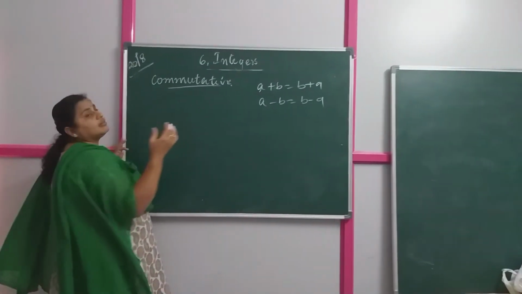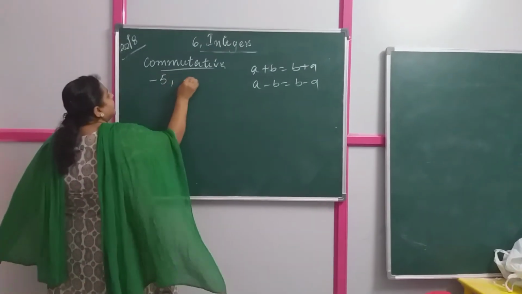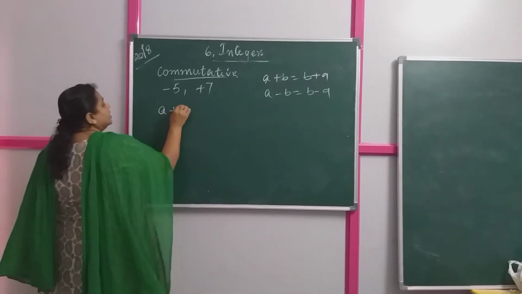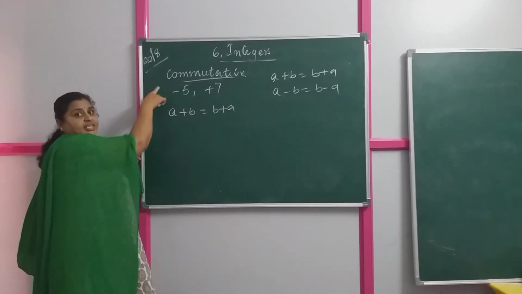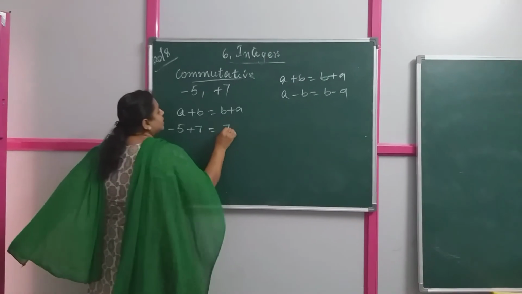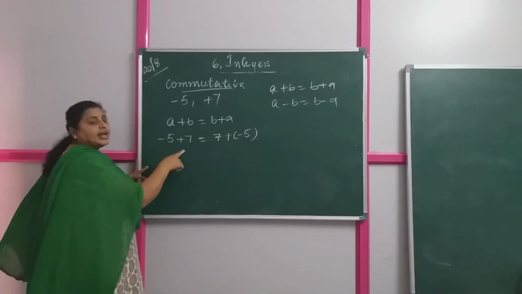Now let us check by taking two examples, children. One is minus 5 and the other is plus 7. First, in terms of addition, we will see the commutative property. Minus 5 plus 7 is equal to 7 plus minus 5. One is negative, one is positive.